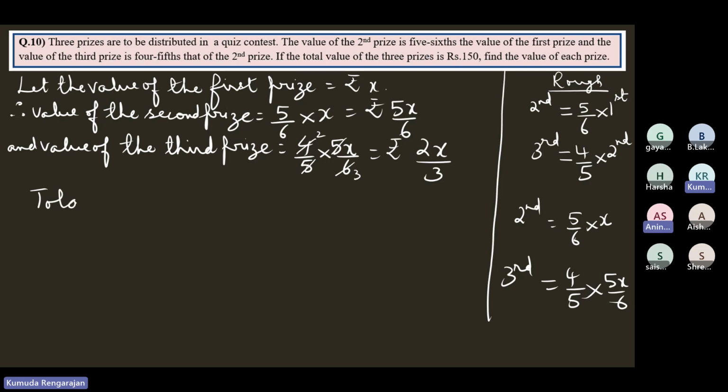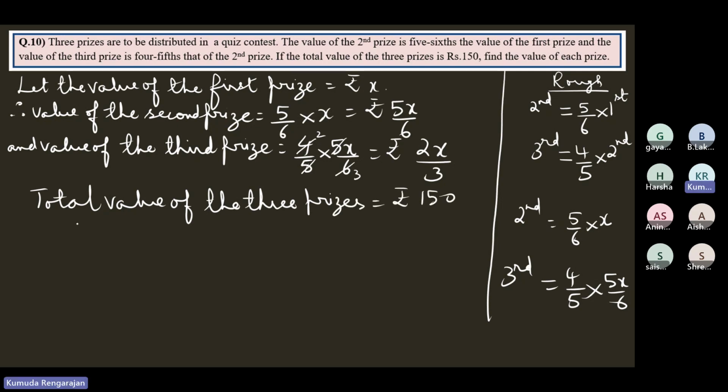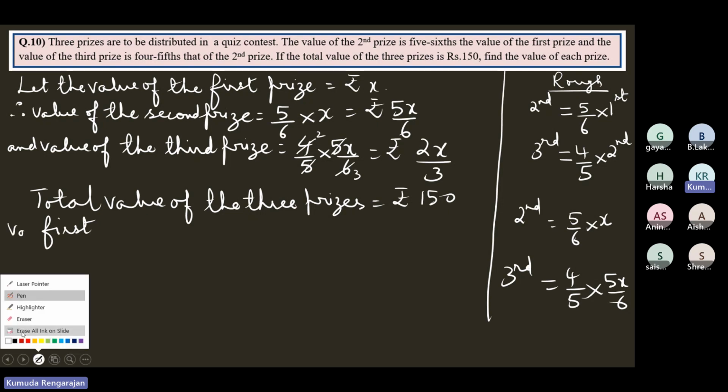Yeah, so the total value of the three prizes. I'm just writing what is given in the question. So total value of the three prizes is equal to rupees 150. So as you said, the value of the first prize plus value of the second prize plus value of the third prize.